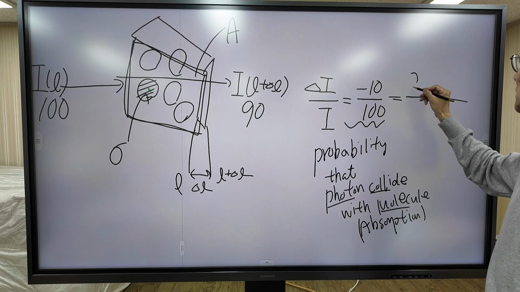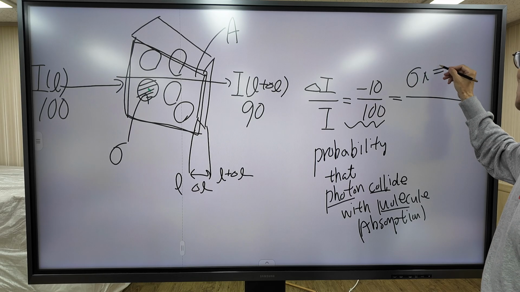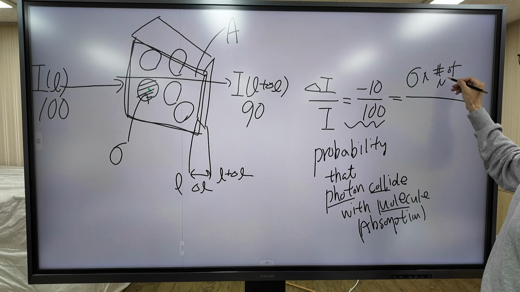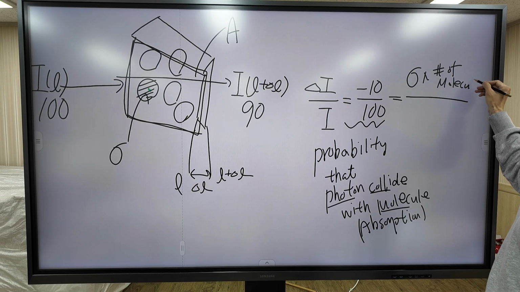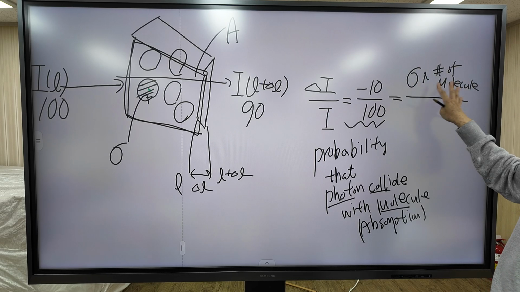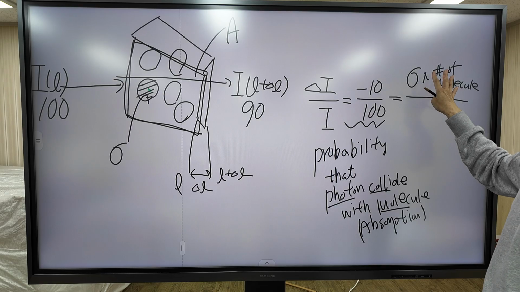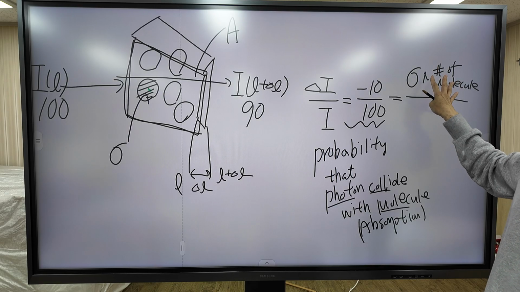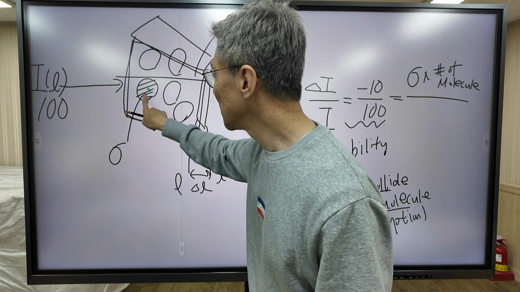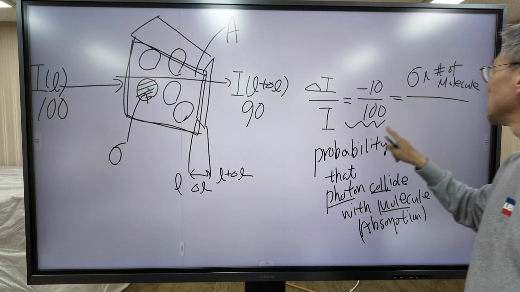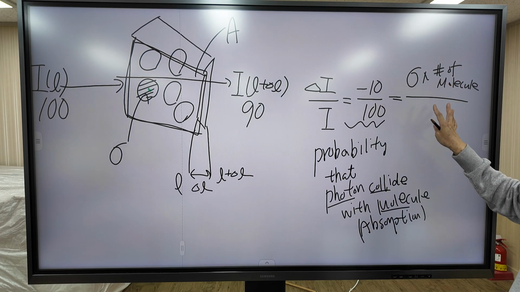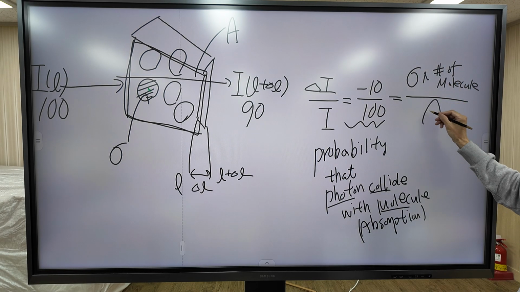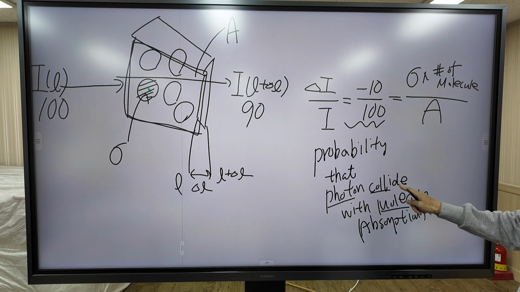It is equal to sigma times the number of molecules. The denominator is the total area A. This is the probability that a photon collides with the molecule.